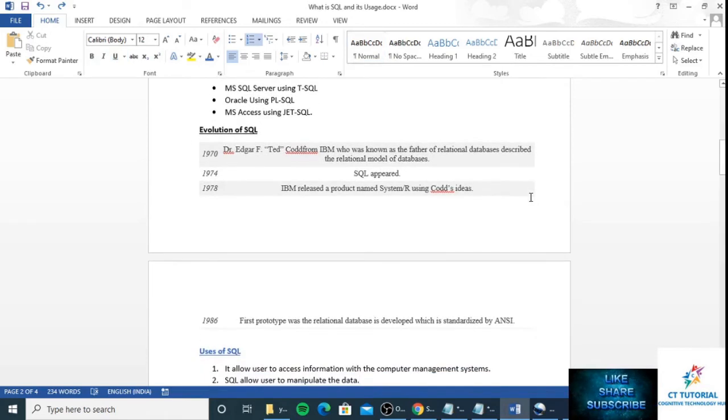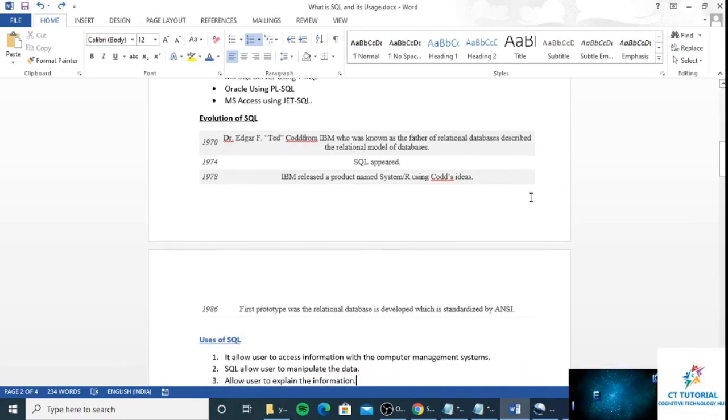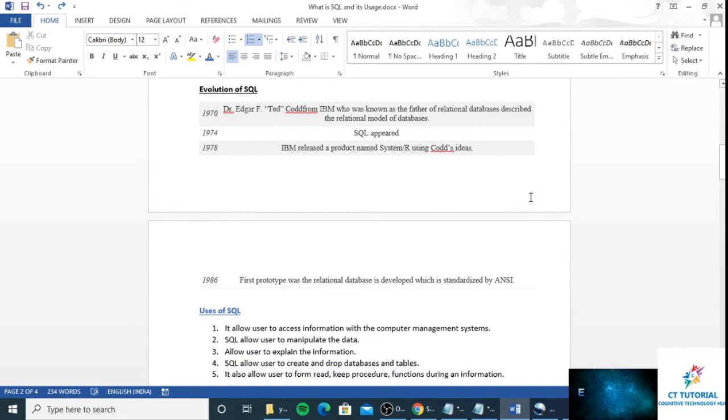So they have set up a permission that SQL is a standardized language for RDBMS systems. Uses of SQL: it allows users to access information in database management systems.